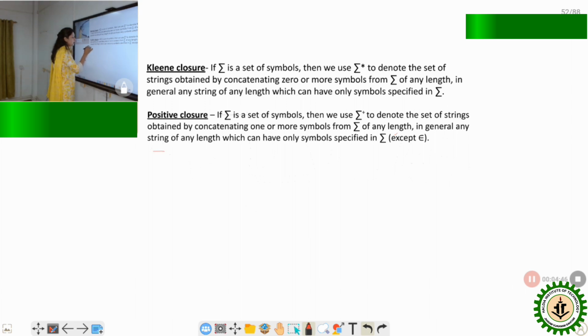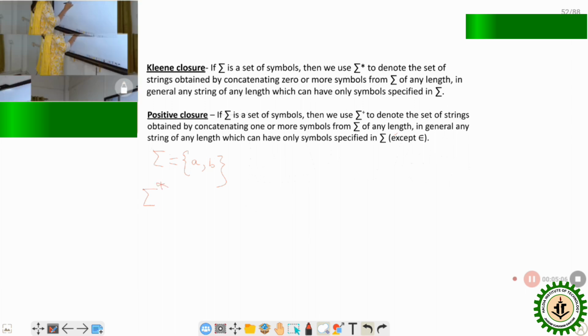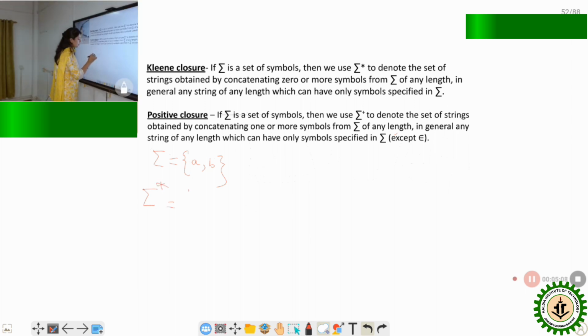If sigma equals A comma B, that means sigma star denotes all possible combinations from A and B.